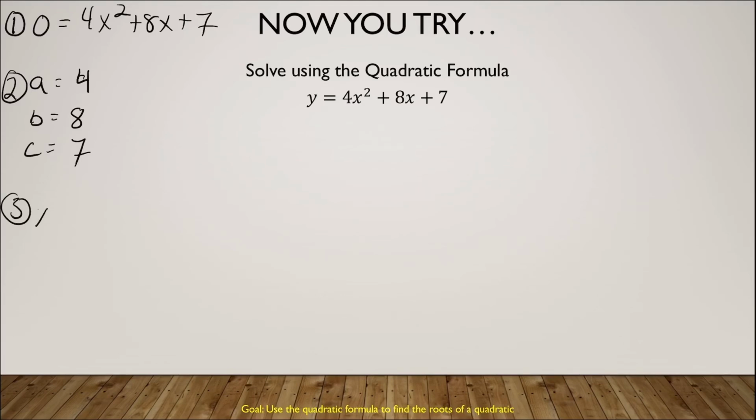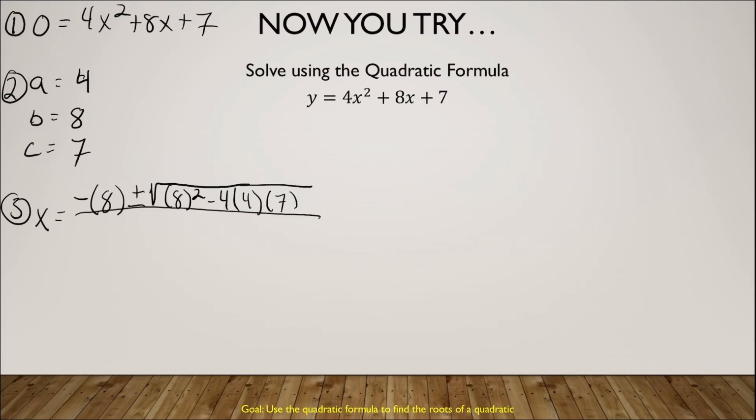Next, I want you to plug it into the quadratic formula. So I get negative b plus or minus the square root of b squared minus 4 times a times c, all divided by 2a. So 2 times a is 8.